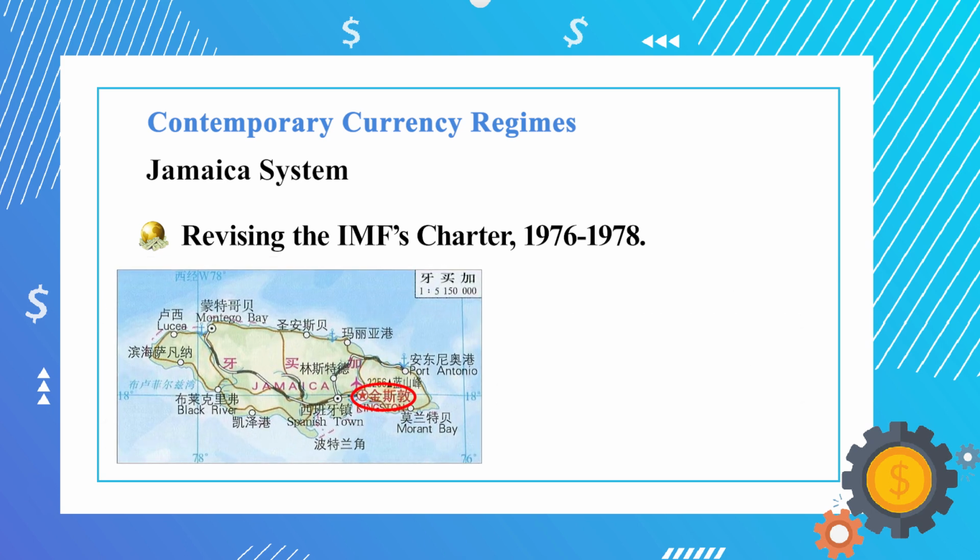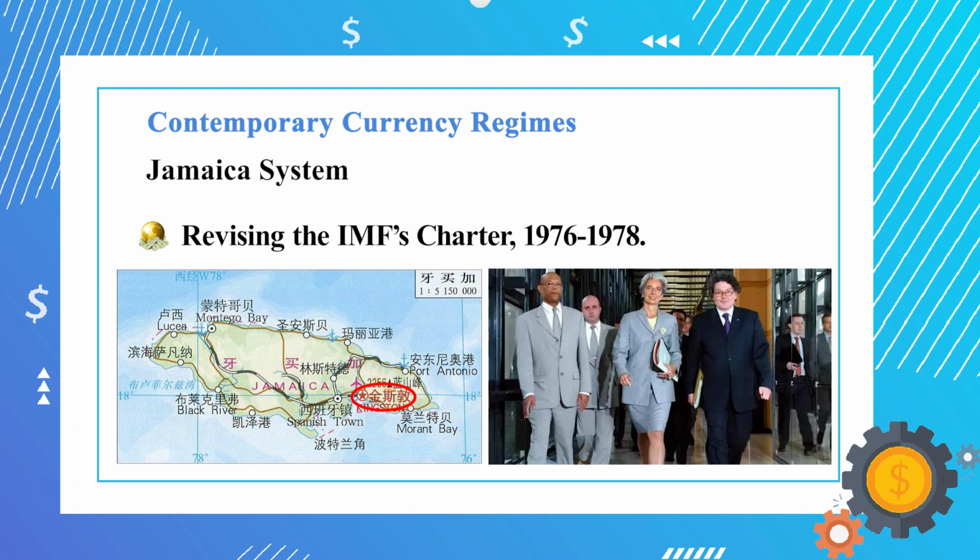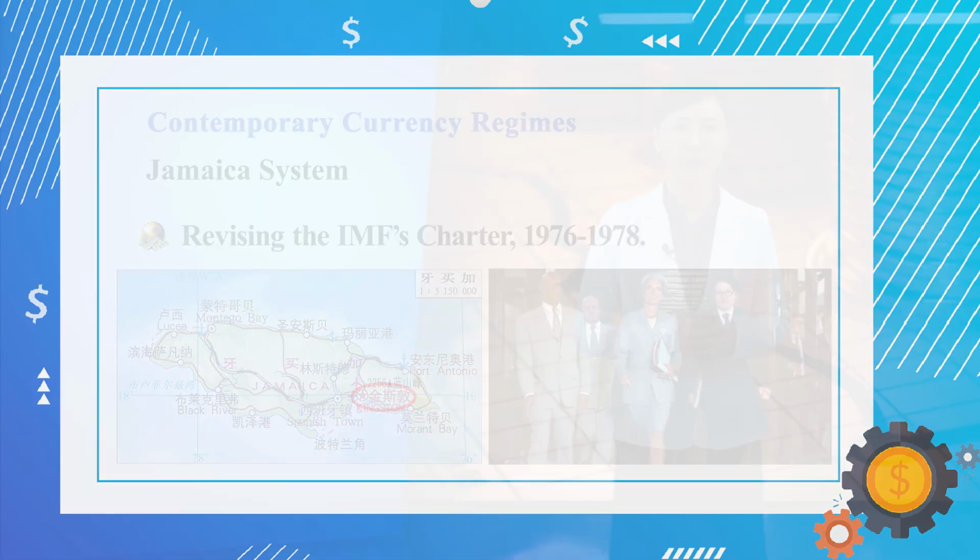The IMF's directors met at Kingston, Jamaica, in January 1976 to approve a revision of the second IMF Article of Agreement, which covered exchange rate arrangement.